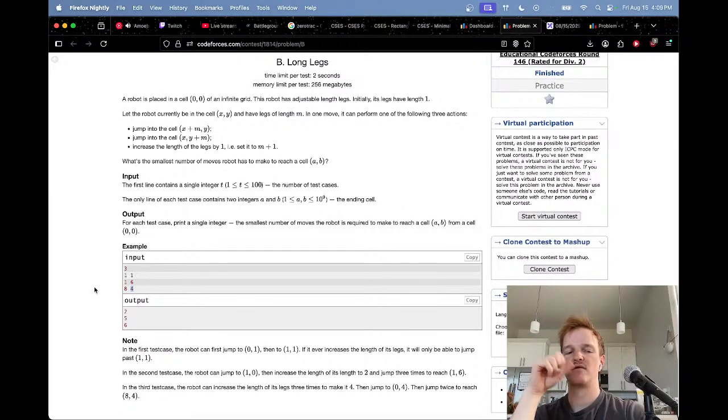Wait, no. Grow the length of your legs to 2. Grow it to 3. Step to the 3, step to the 4. Do you really have to grow the length of your legs to be 4? Step to the 4. Step to 4, 4. Step to 8, 4.